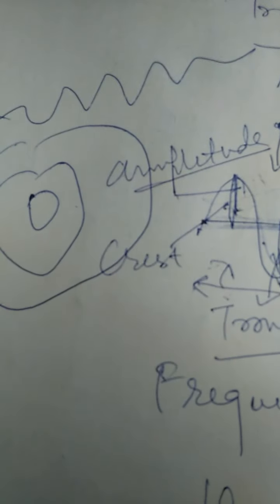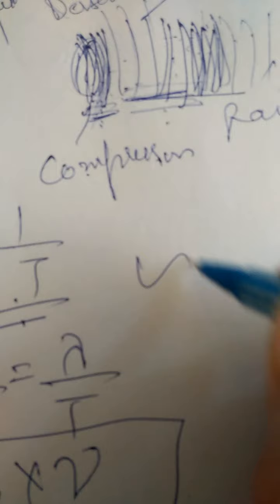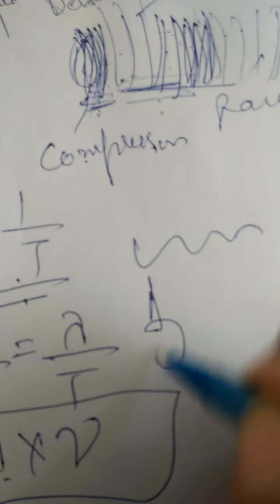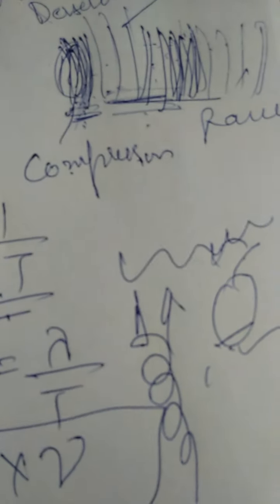Transverse waves can be seen in ropes and ripples in water, and electromagnetic waves are also transverse, while longitudinal waves are formed in gases, in springs, and in sound waves, whatever sound is emitted.